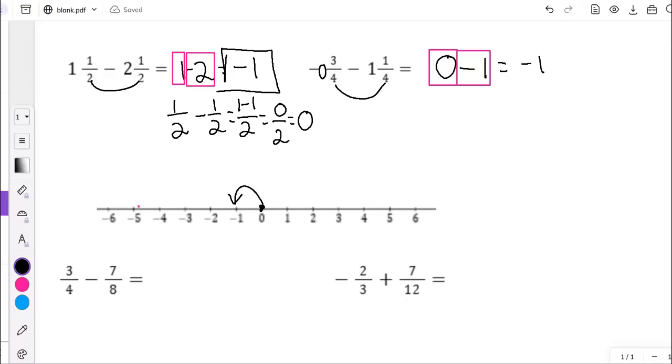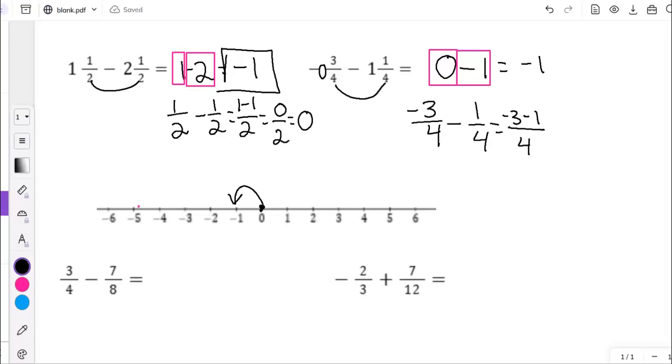Then I'm going to deal with my fractions. Here I can't forget about the negative. I have negative 3/4 minus 1/4. All right, I'm going to treat it exactly like I did up above. So I'm going to combine them because I have the same denominator. And then my tops will be negative 3 minus 1.